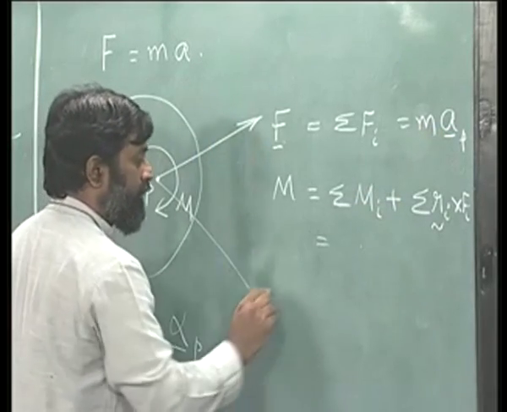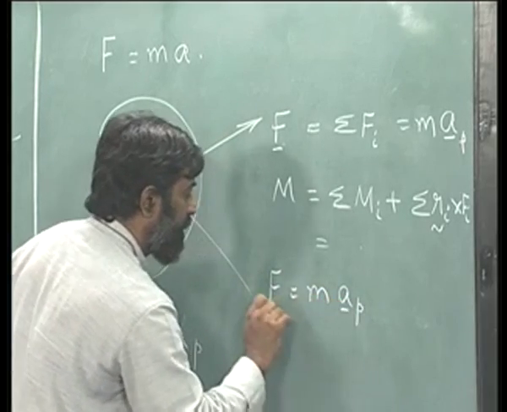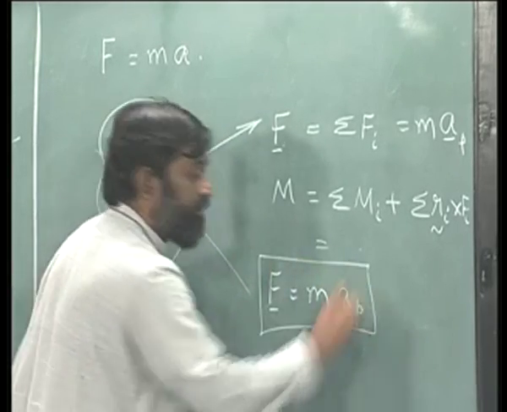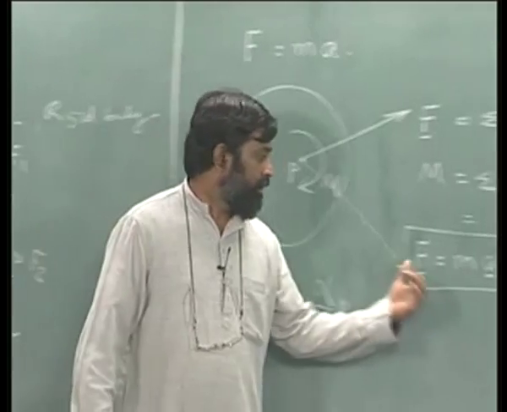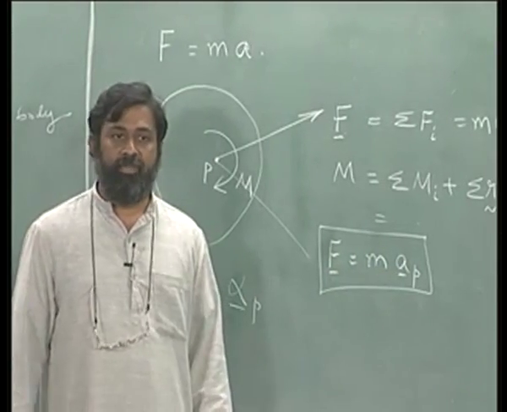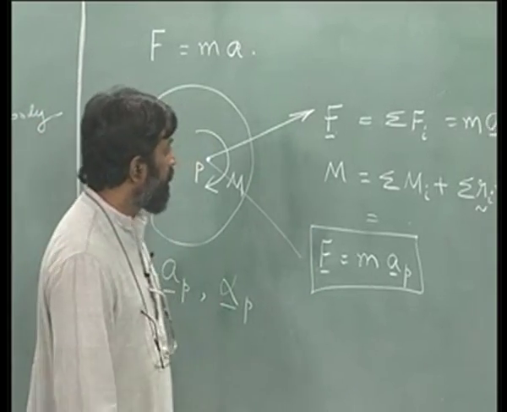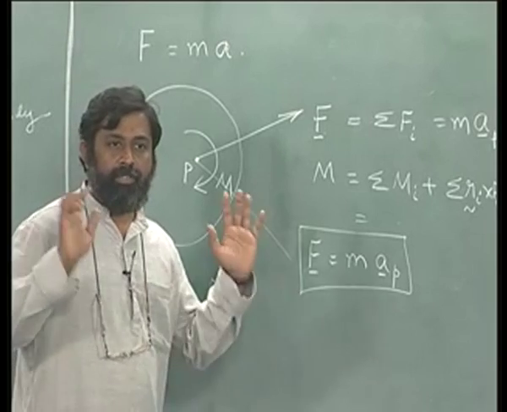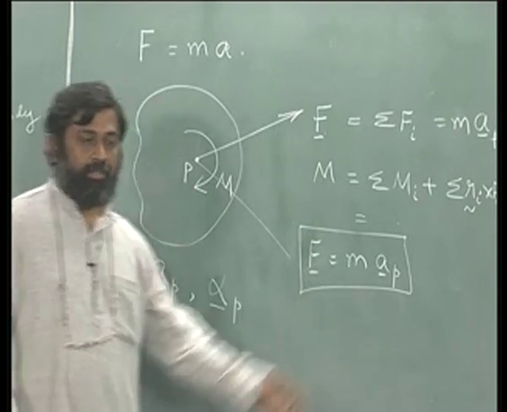Remember this equation, F equals MAP, is a vectorial equation. How many components? F has 3 components, A has 3 components, which means 3 equations I can write, x, y and z, in a Cartesian system. I am just going to stick to the Cartesian system, so it is easy to talk about all these things.